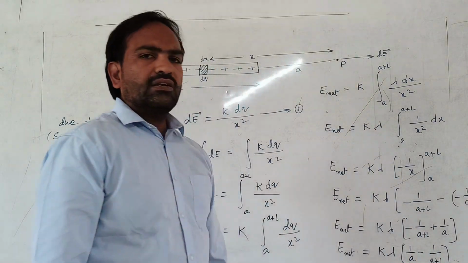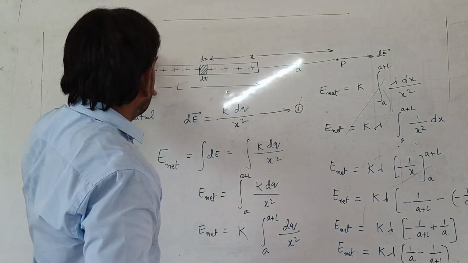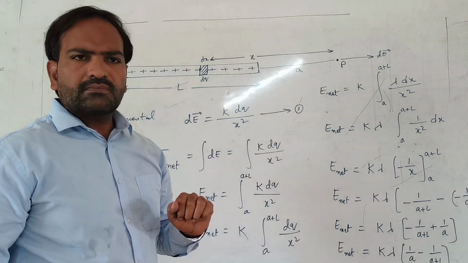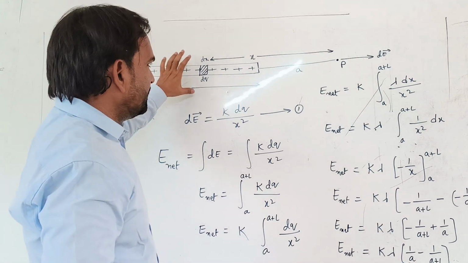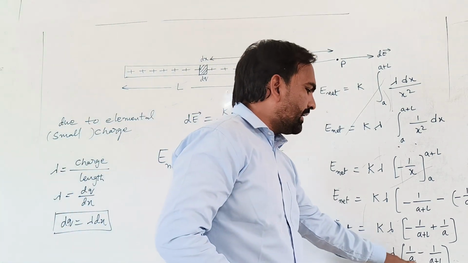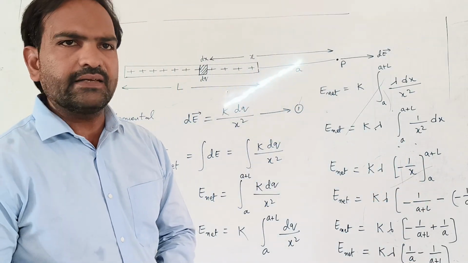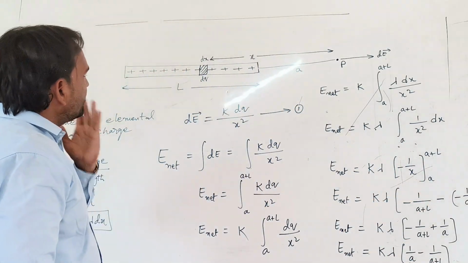So this is the electric field intensity due to a charge distribution body, k lambda times 1 by A minus 1 by A plus L. Okay, students, clear?